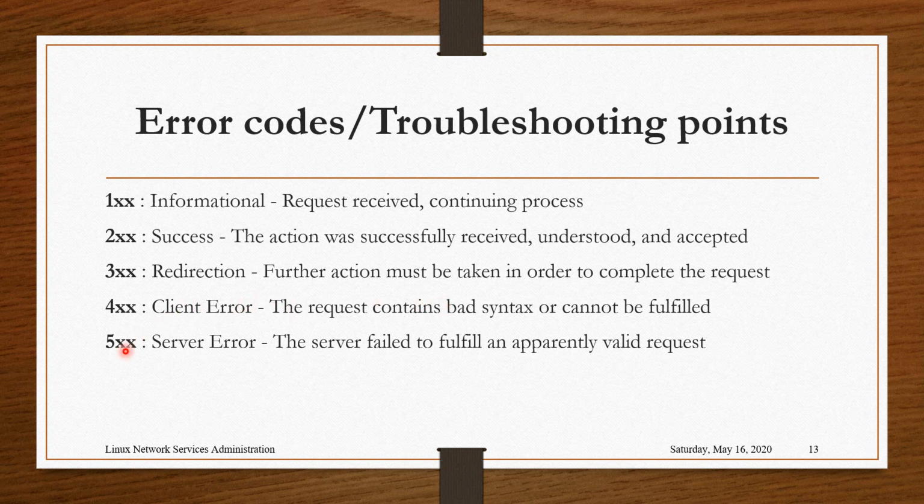And the final one, the 5xx error, meaning the starting number is 5, then the remaining can be 00, 01 and so on. It means that it is a server error. Whatever error message has a number starting with 5, it means server error. The server failed to fulfill an apparently valid request.